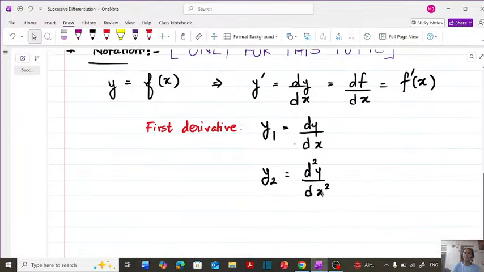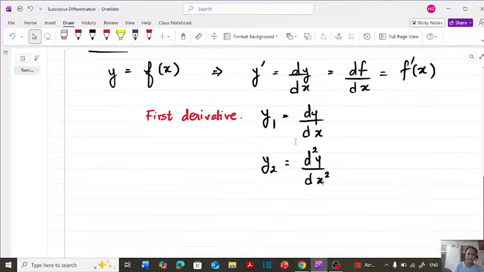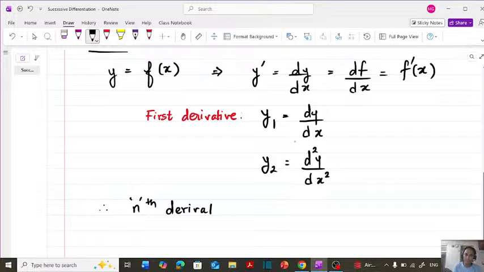So if you have an nth derivative, it will be denoted by yn, which is d to the power n y over dx to the power n. So you have the derivative taken n times.